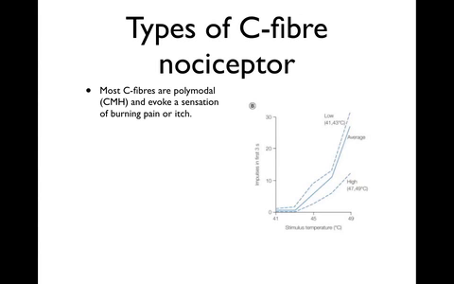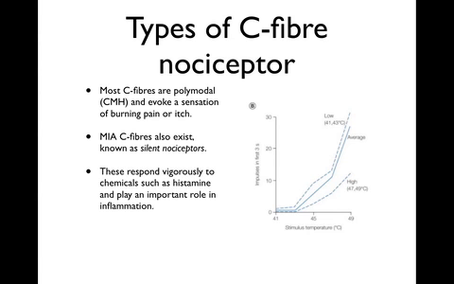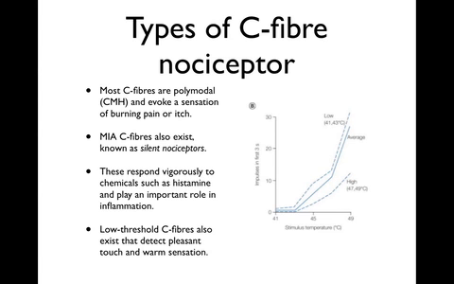We call them CMH, which is C mechanical heat, and they evoke a sensation of burning pain or itch. We also get these mechanically insensitive afferents, known as silent nociceptors, and similarly with the A fibers, they respond vigorously to chemicals such as histamine and play an important role in inflammation. And again, just to remind you, we have these low threshold C fibers that detect pleasant touch as well as warm sensations, so non-noxious heat.